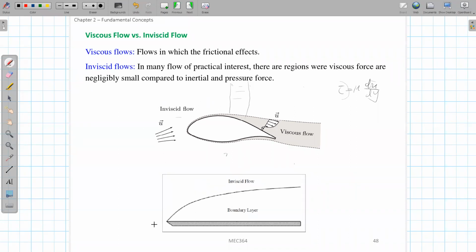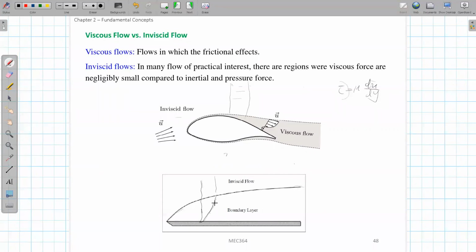Similarly, if you have flow over a flat plate, the region close to the plate is the so-called boundary layer. We can go through this later in the later chapters. Basically, it's a small layer very close to the surface of the solid plate, a very thin region. We will have a very sharp velocity change, because the velocity quickly reduces to 0 at the surface.